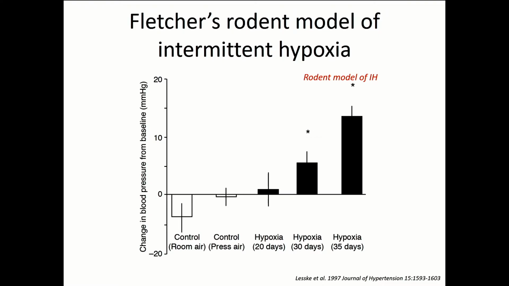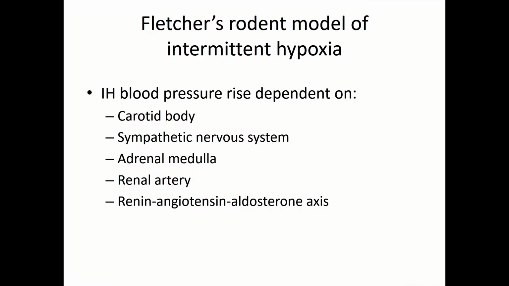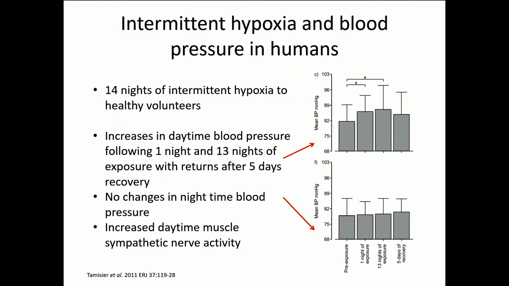And what you can see is after 30 and 35 days, there's a significant marked elevation in daytime or diurnal blood pressure. This effect was dependent on the carotid body, sympathetic nervous system, adrenal medulla, the renal artery, and the renin-angiotensin-aldosterone axis. So this gives a good idea about what might potentially be involved here.